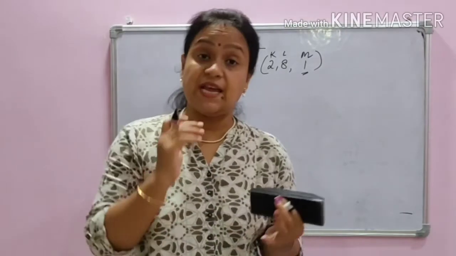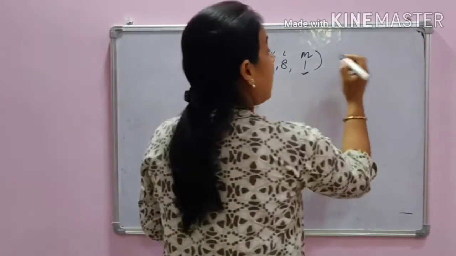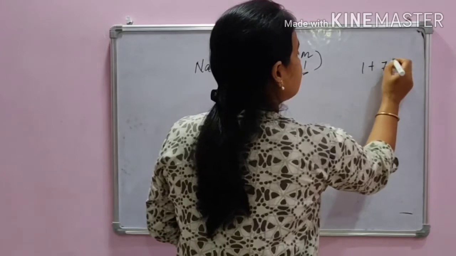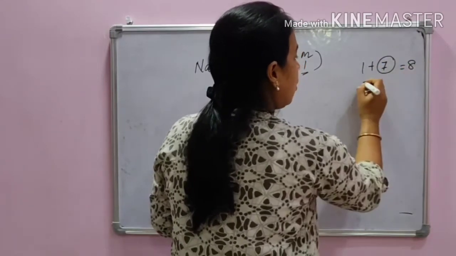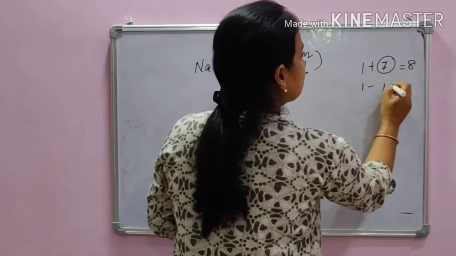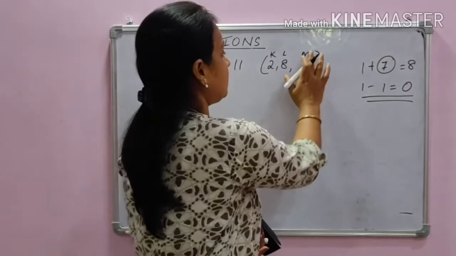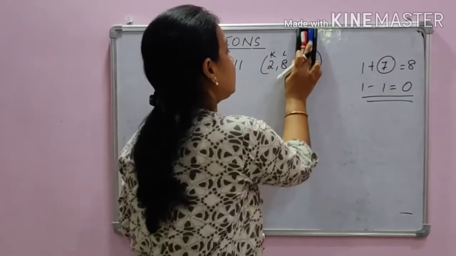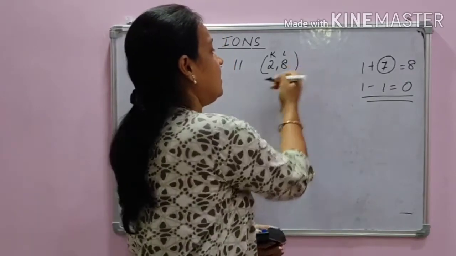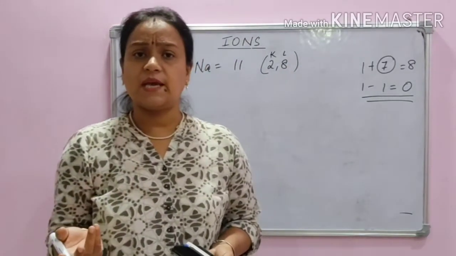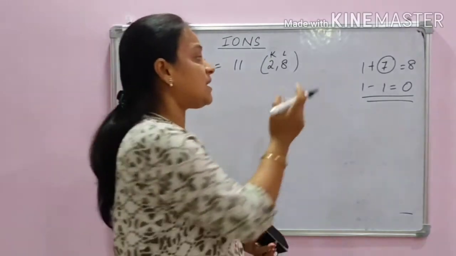It can accommodate 8 electrons. Now there are 2 options. Either it can add 7 electrons to become 8, or it can lose this 1 electron so that this becomes 0. If this becomes 0, it will have L as the last shell and it will become stable. So it has 2 options.